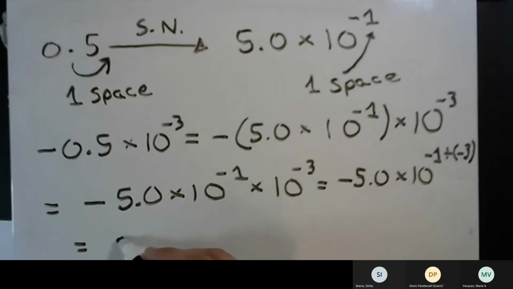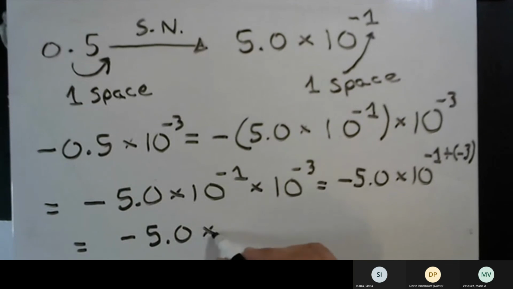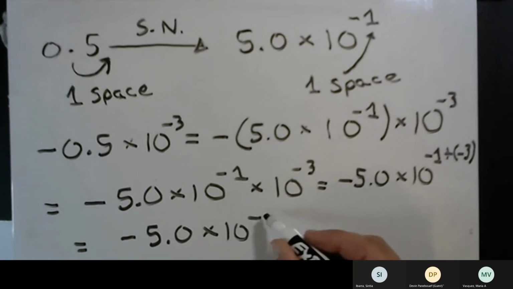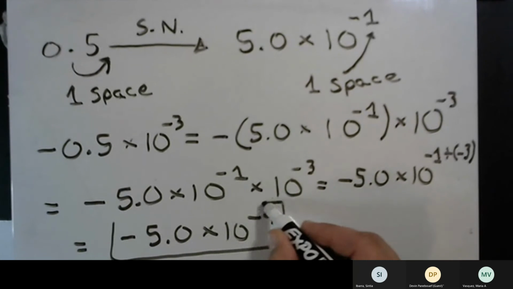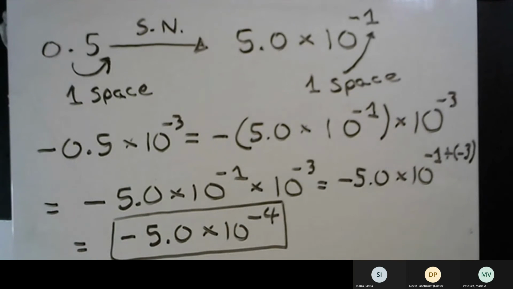And so what we'll get, -5.0 times 10 to the -4. So any questions about that?